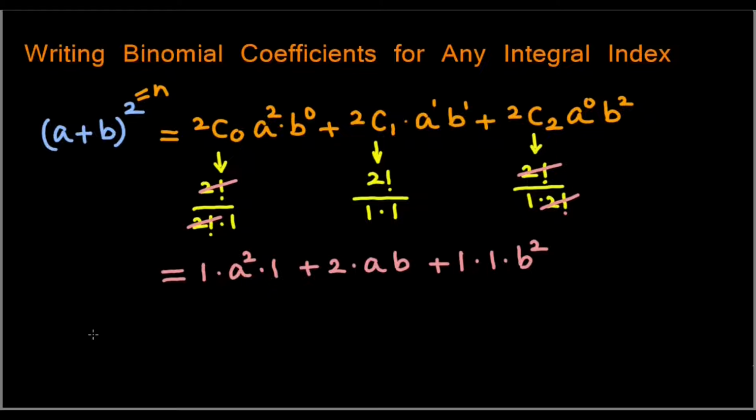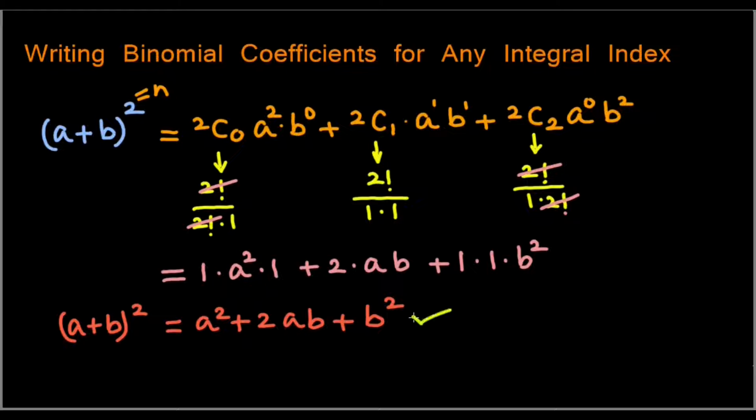So finally the binomial expansion of (a + b) whole squared will be a squared plus 2ab plus b squared, which is our well-known identity.